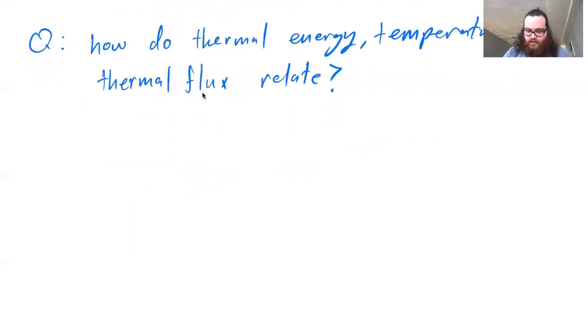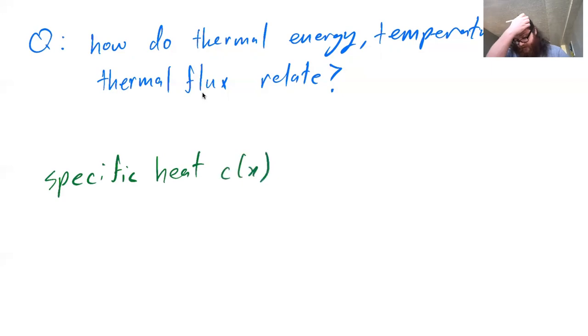So for thermal energy to temperature, we're going to need another concept called specific heat. Okay. And we're going to give it a name C of x. So what is specific heat?